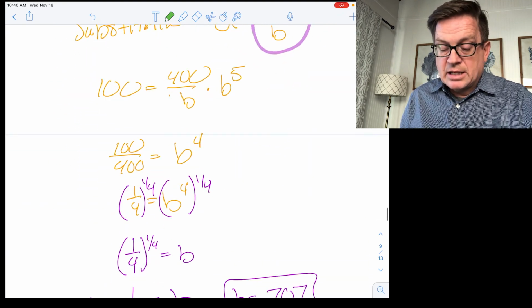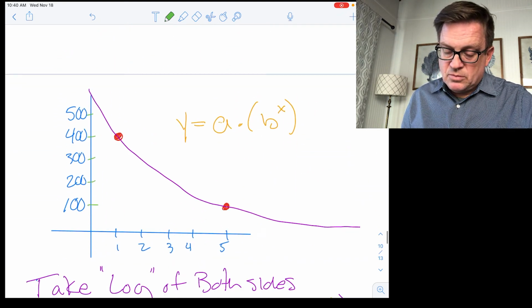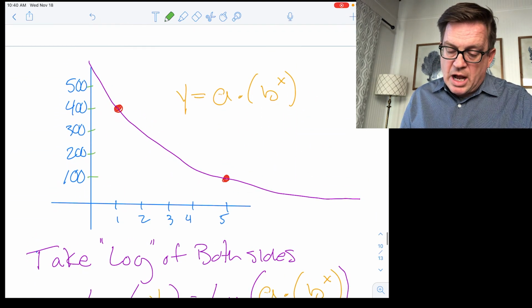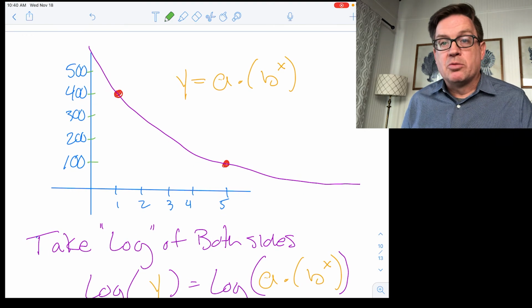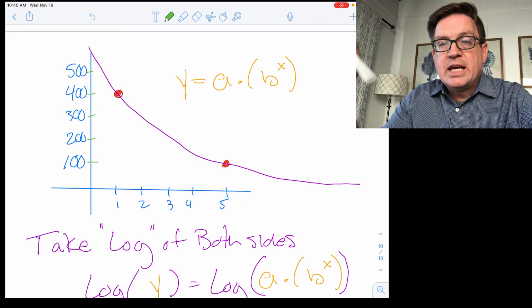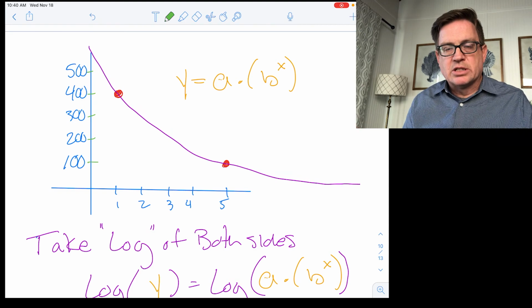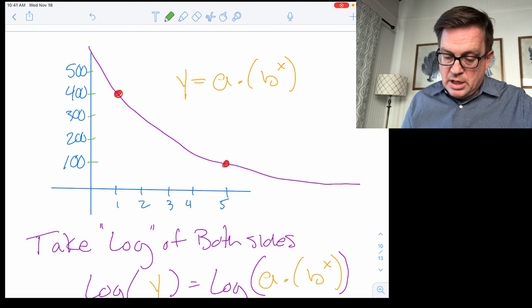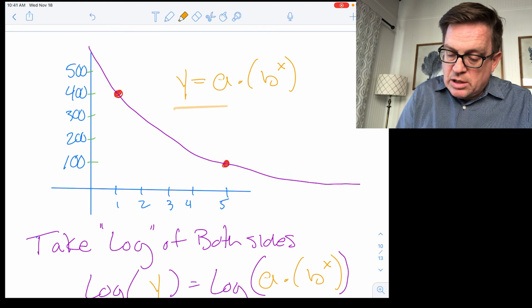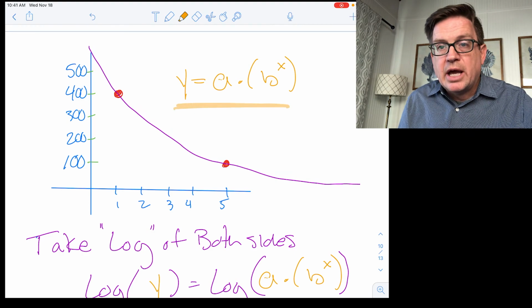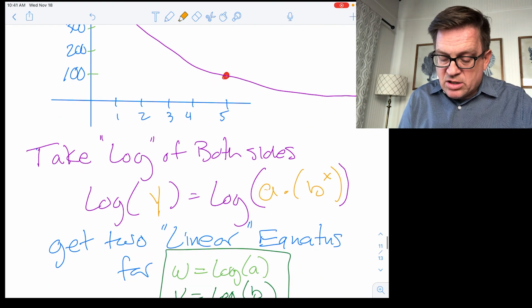Let's look at this in a different way, though. I want to do this by taking the logarithm of both sides. We have a system of two exponential equations, and so often taking the logarithms makes that linear, makes that simpler. So let's take our original equation, y equals a times b to the x, and take the log of both sides.